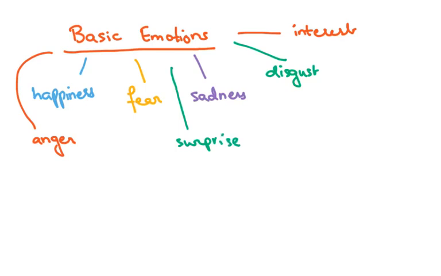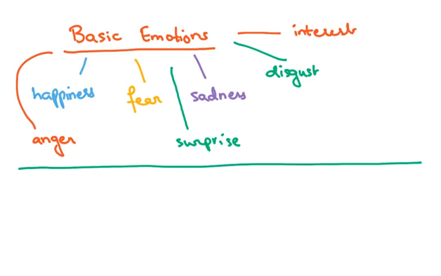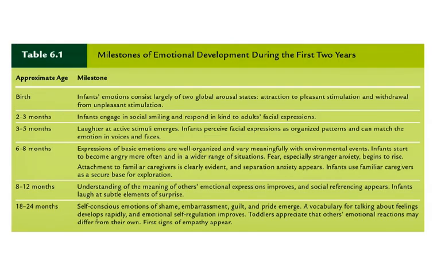So mostly what you see is, do you think the ability to express basic emotions would be present when a child is just born? The answer is that there seems to be some evidence of some basic emotions, but mostly at birth, infants have these 2 global arousal states. And what are these 2 global arousal states?